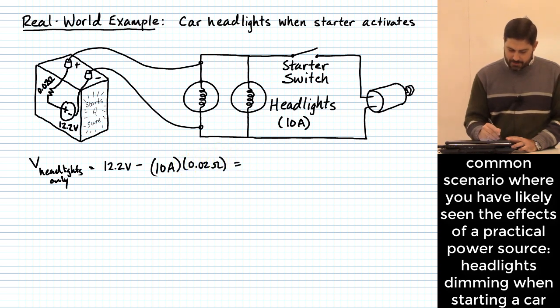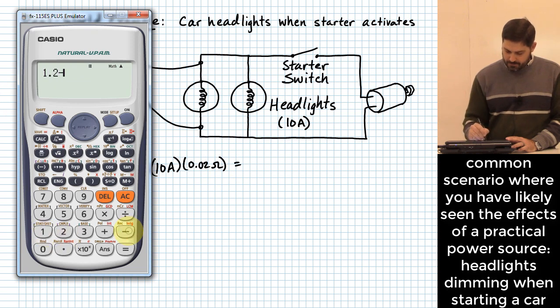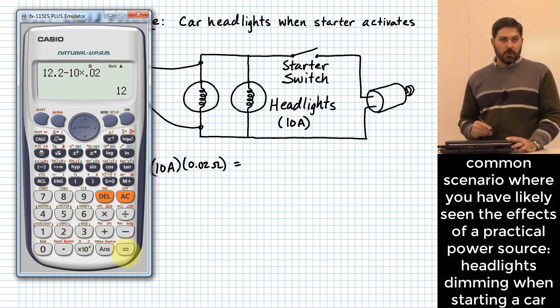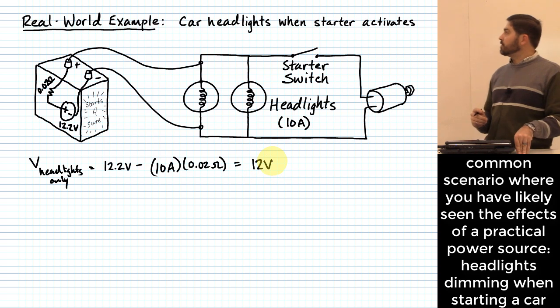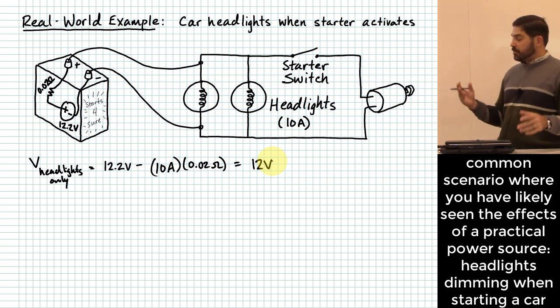Okay, so what'll that be? 12.2 minus 10 times 0.02. 12 volts. Right? Everybody's happy because that's what we kind of think of the system in your car is probably usually around that amount of nominal voltage anyway.